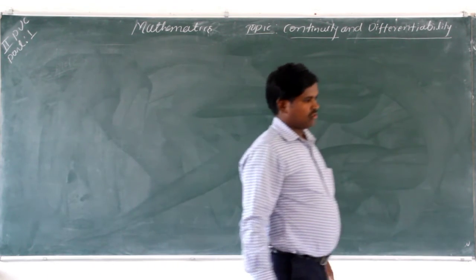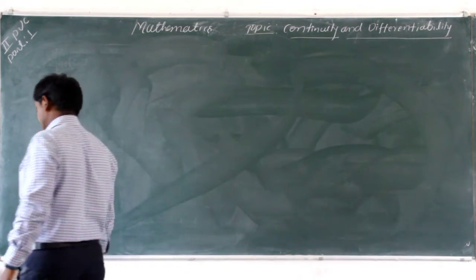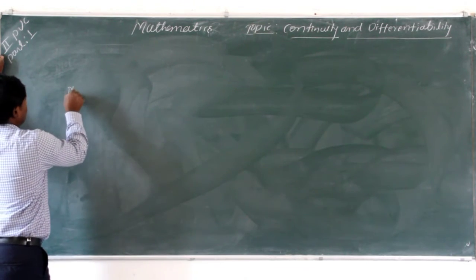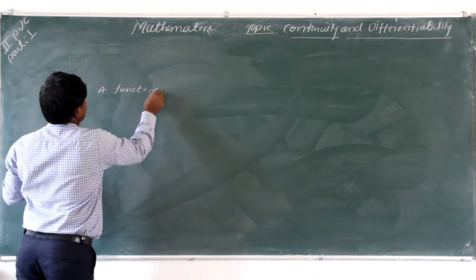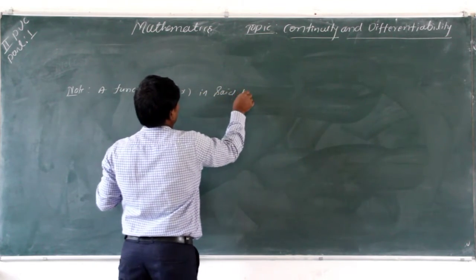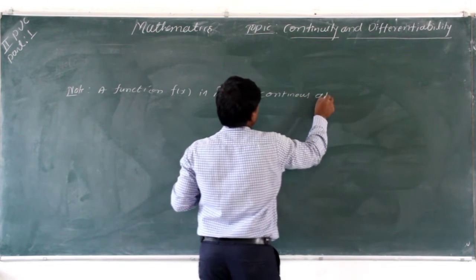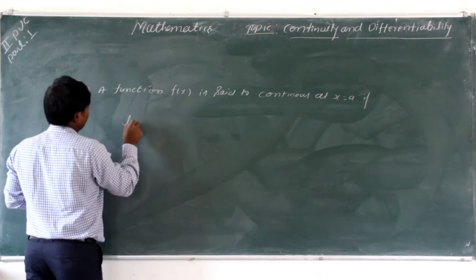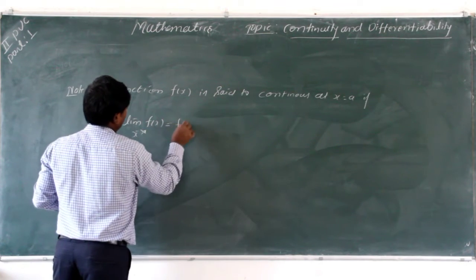Another method is also there. The limit of the function exists if the left hand limit is equal to the right hand limit, as you already know. A function f of x is said to be continuous at x is equal to a if the limit of f of x as x tends to a is equal to f of a.